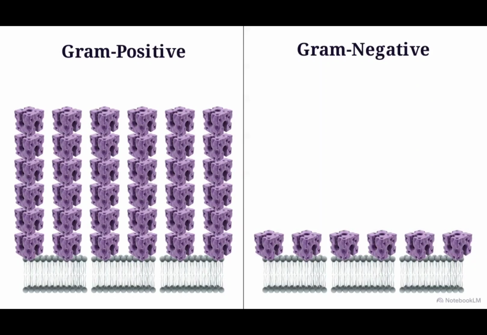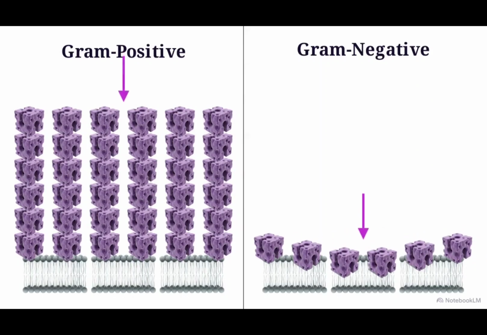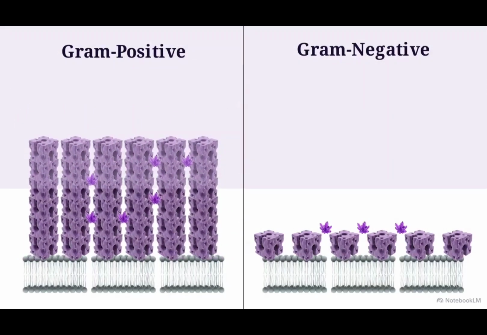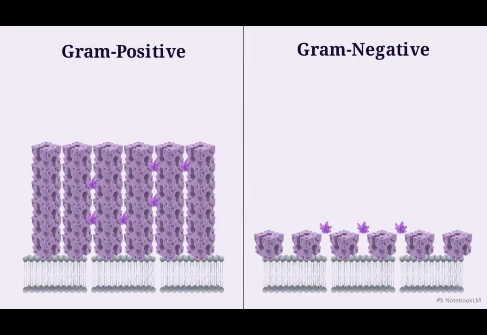At 8 to 10 nanometers thick, it offers less rigidity, but significantly higher elasticity. We can now see the mechanical origin of the visual phenotype. During alcohol decolorization in the laboratory, the thick peptidoglycan dehydrates, trapping large crystal violet dye complexes inside. The thin layer cannot hold the molecules, allowing the dye to flush completely out.